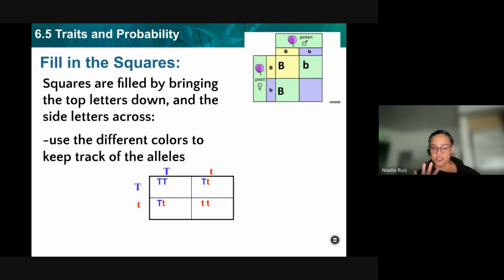Now, these are four options. Typically, parent one and parent two are only going to have one offspring. So this is where we talk about probability. What are the chances that that one offspring will inherit one of the options?